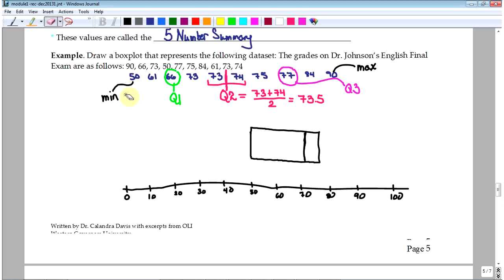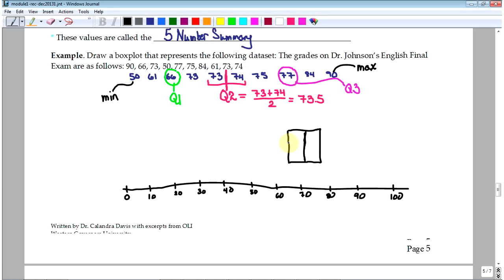I drew the minimum value. My first quartile is at 66. So that's actually where we want that line. Sorry about that. So the left side of the box will be at the first quartile, which is 66. And the right side of the box will be at the third quartile, which is 77. Okay, so our box should look something like this instead.